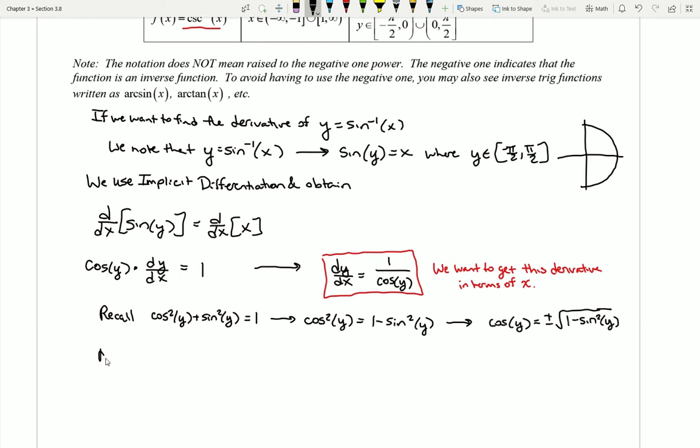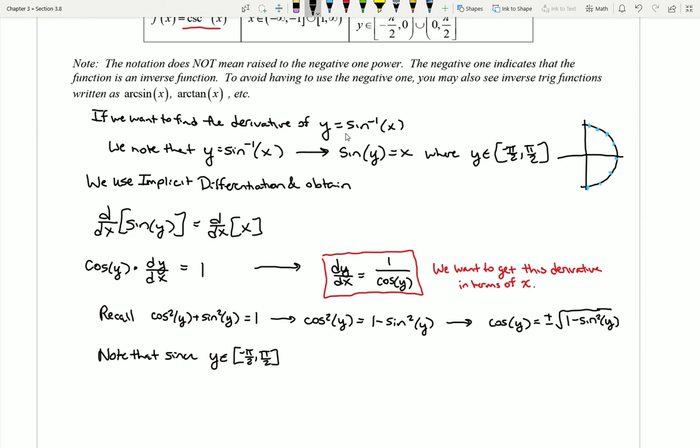But notice here that since the value of y was already told to us to be inside of the range of negative pi over 2 to pi over 2, that means it's on this portion of the unit circle. And if I consider any point on this portion of the unit circle, and I think about the cosine of these points, that is, I think about their x-coordinates, what can you tell me about all of their x-coordinates?